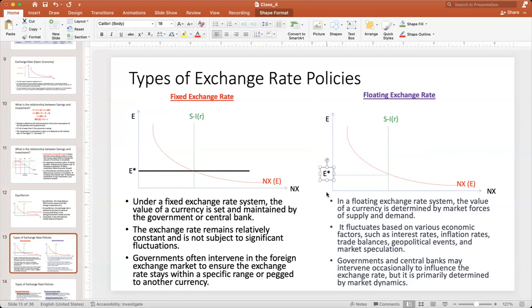So if something is fluctuating based on economic factors such as interest rates, inflation, trade balances, geopolitical events, and so on, the governments and the central banks will let the market define the exchange rate by itself, and they are not going to influence or intervene in the exchange rate. And this is the basic difference between these two policies.